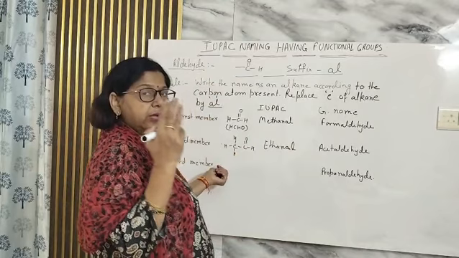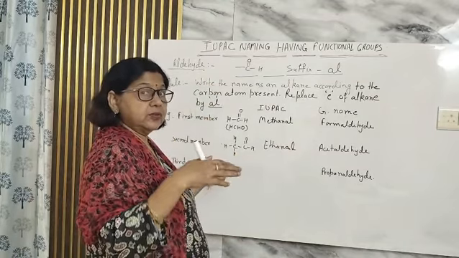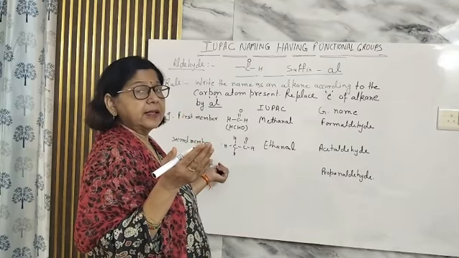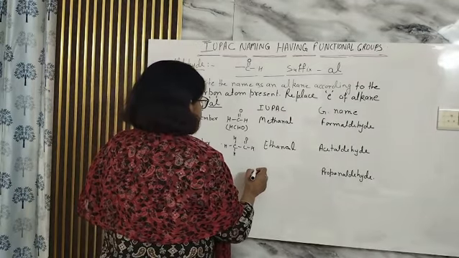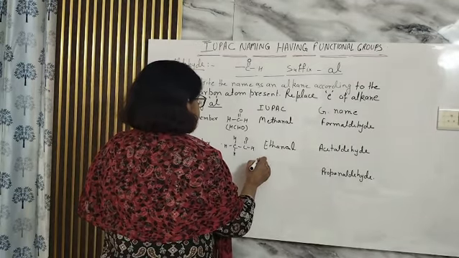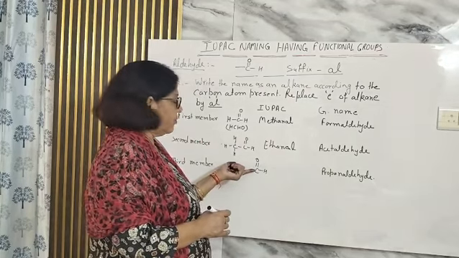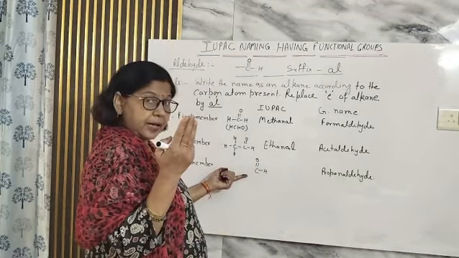Right? Now, the third member I will draw in front of you. Third member should have how many carbon? 3 carbon. You may have this thing also, that you can be asked to draw the structure of the third member of the aldehydic series. So how shall we draw? See, first of all, draw the functional group which has to be there in the chain. Now one carbon you have drawn, and you have to draw the third, means you should have 3 carbon altogether.